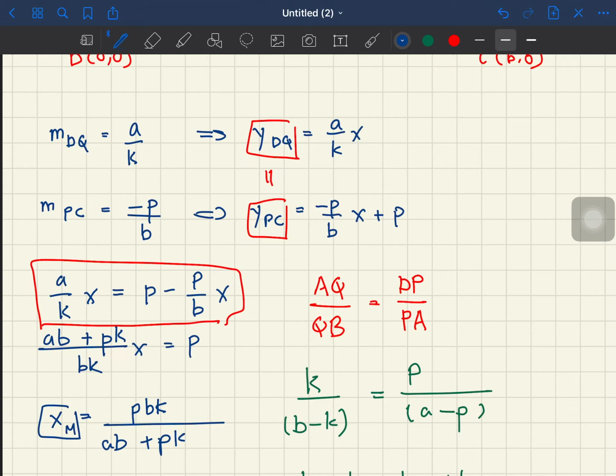It's kind of very complicated. We can substitute this x of M into y of DQ, either y of DQ or y of PC, and I suggest you use the simpler one.